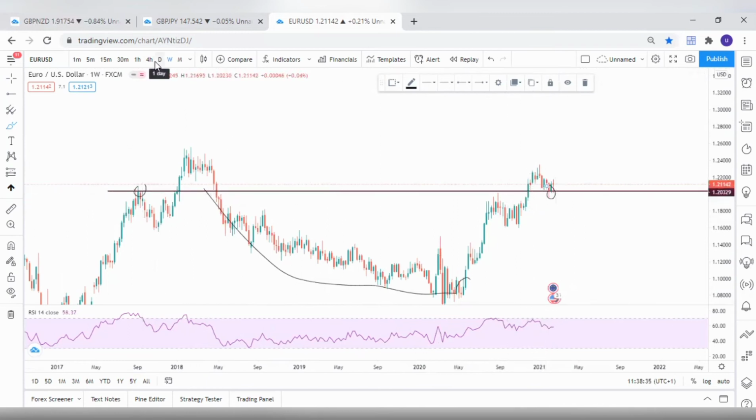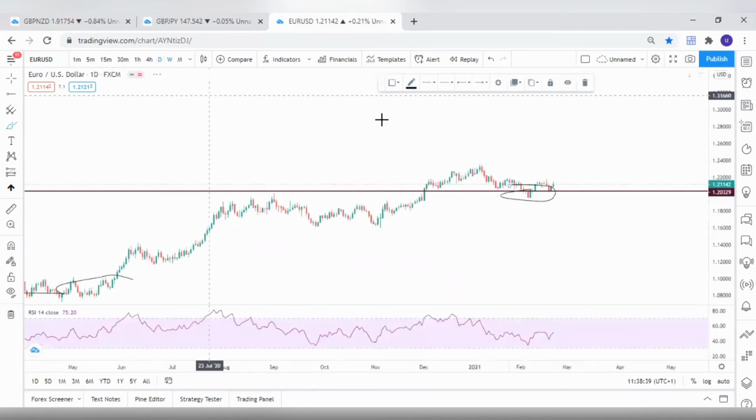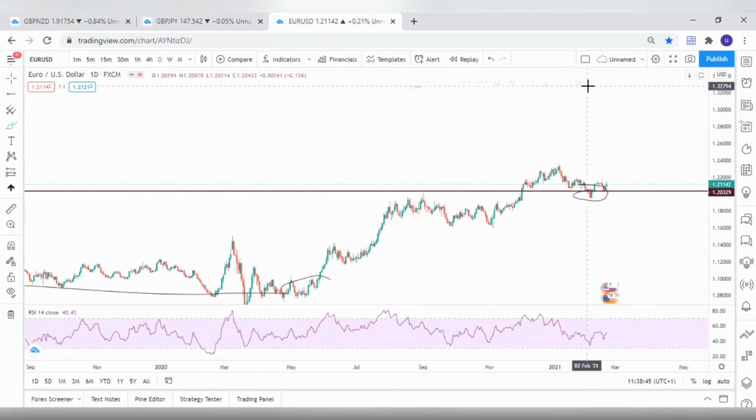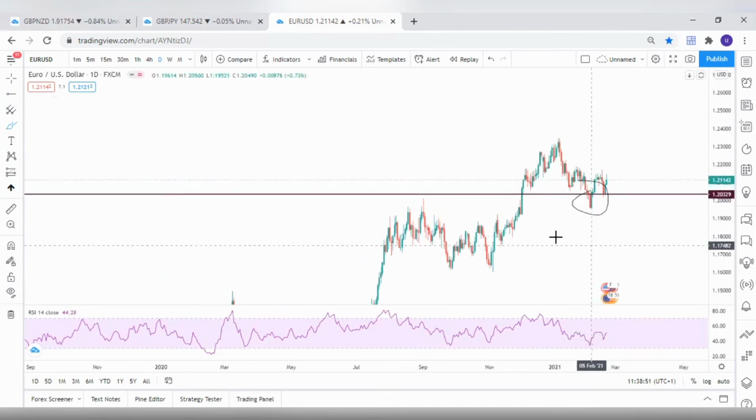Which means that this resistance line has currently turned into a support zone. Let's go into the daily time frame for clearer vision. This is what it looks like.